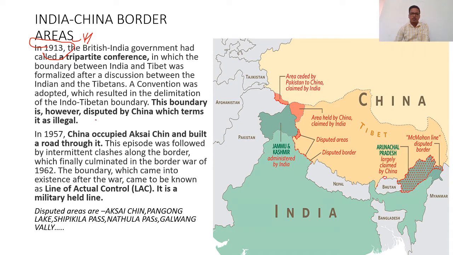Because of this, this is the issue. As China was not invited to this tripartite conference organized by Britain in Simla, China never recognised this as the border, because they were not a party to this agreement.